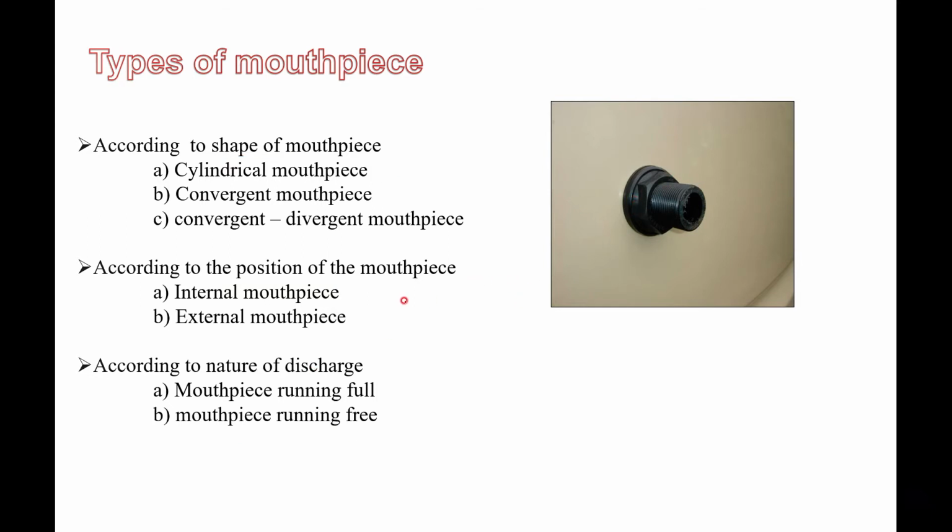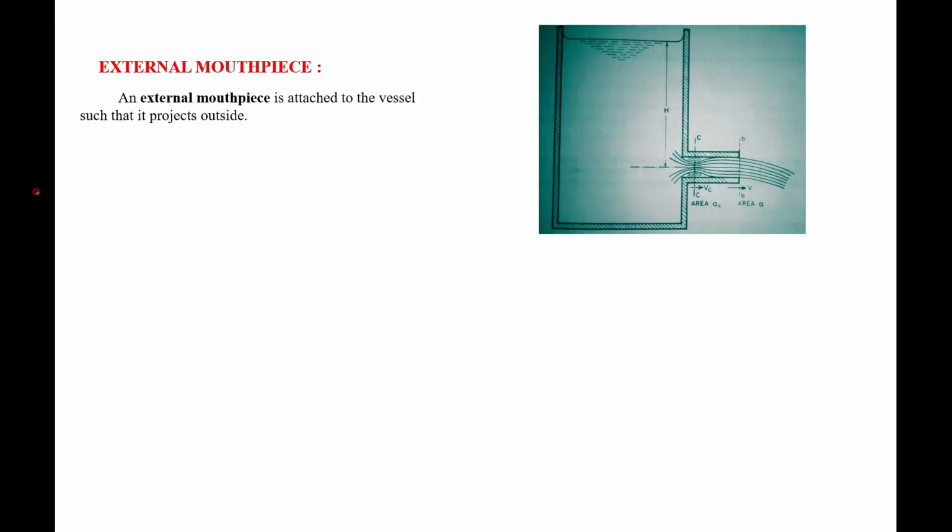Now, what do you mean by external mouthpiece? Look at this picture. It is a tank which has a mouthpiece at the bottom or on the side of the tank. An external mouthpiece is attached to the vessel such that it is projecting outside. If the projection is outside the tank like this, it is called an external mouthpiece.